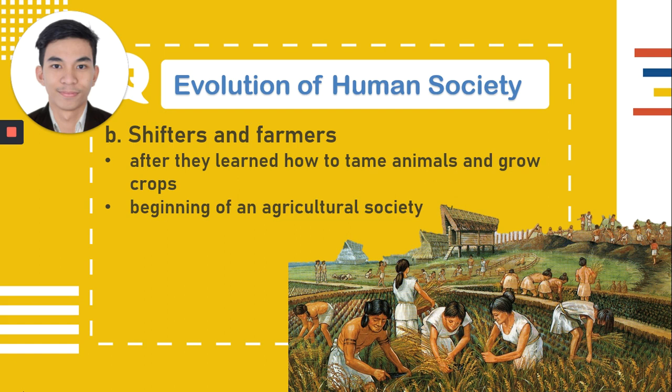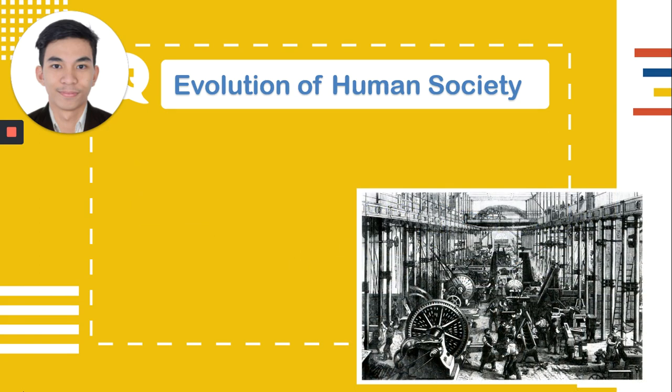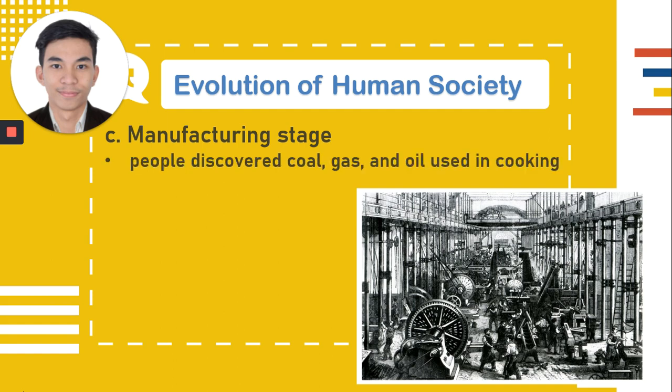They also learned the process of mining using metallic hand tools. And then the stage when people discovered coal, gas, and oil, which they use in cooking, is the manufacturing stage. This opened the door to industrialization.